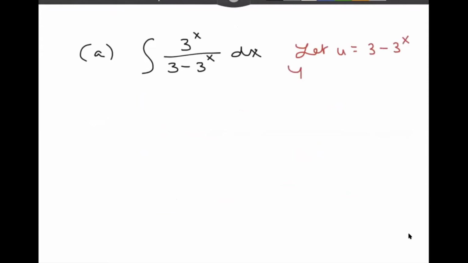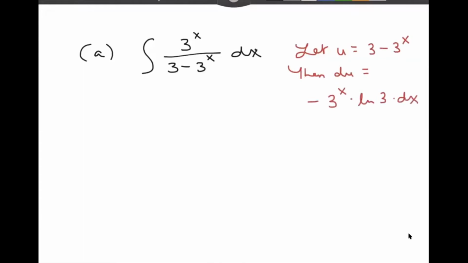And then du would be the derivative of 3 minus 3 to the x. So the 3 will disappear. We'll have the minus sign. It'll be negative 3 to the x times natural log 3 dx.